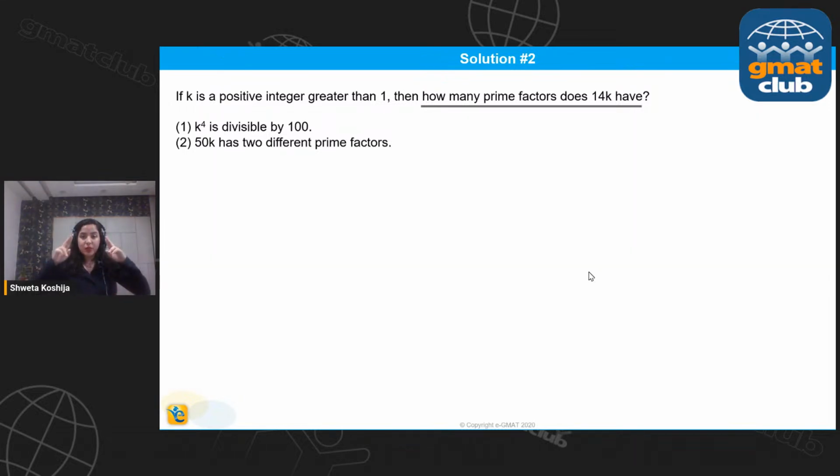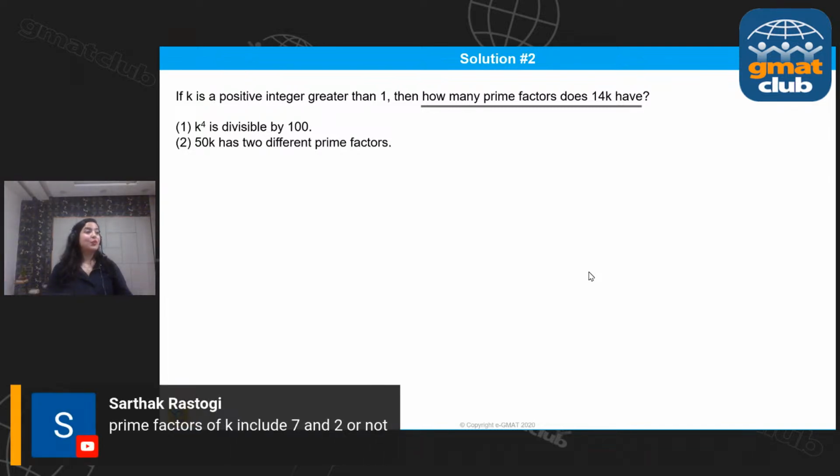And what is it that we should really start thinking about? This is where I'm kind of testing you within the test. How much has everybody been listening? Okay, there's a slight lag between when I say things and when they come there, so there's always this little delay in the comments. Okay, prime factors of K include 7 and 2 or not?